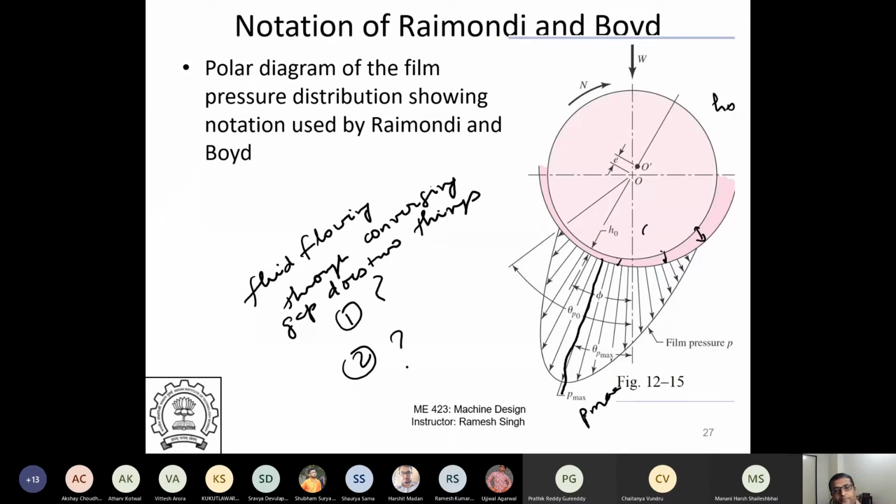First thing, what does it do? The fluid from the converging gap, what does it do? It does two things. Somebody.